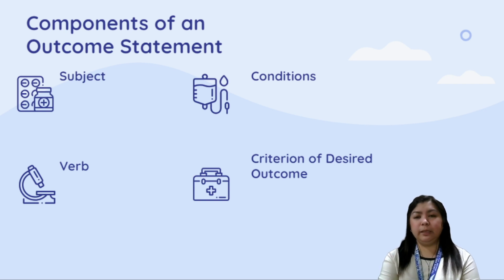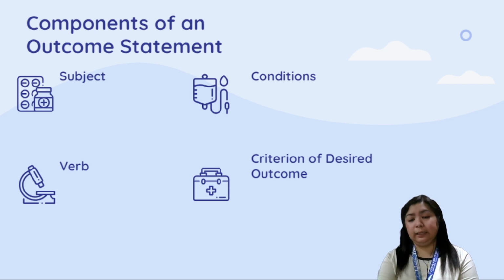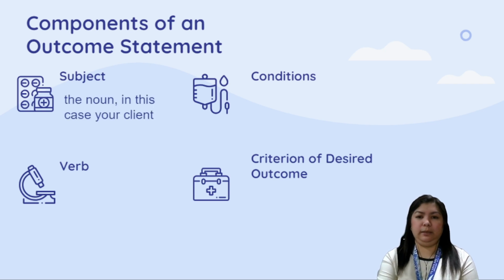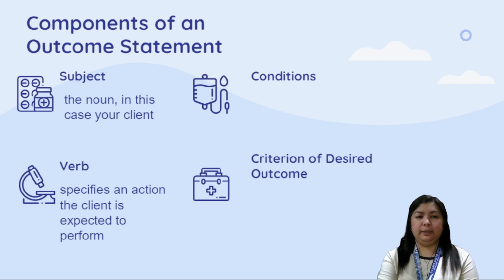So what do they mean by these components, and how can this be seen on your desired outcome statements? So the noun, of course, is the subject. In this case, it is your client. The verb specifies an action the client is expected to perform. What do you want your patient to do?